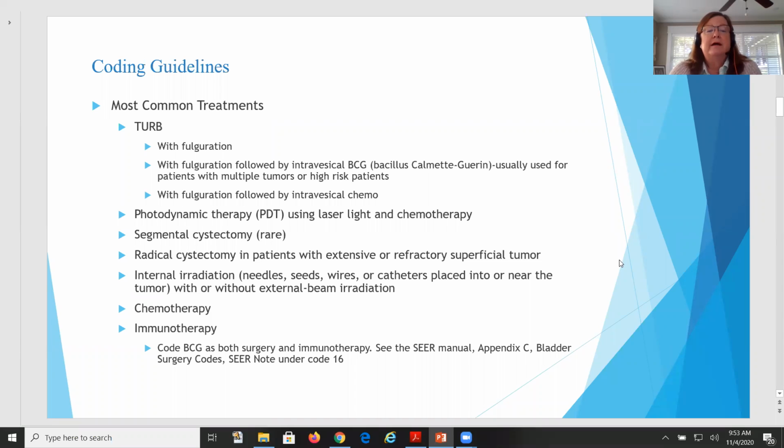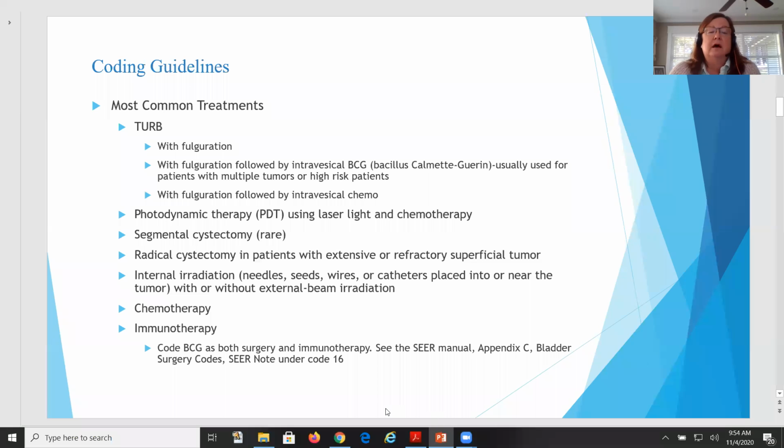We also have photodynamic therapy using laser light and chemotherapy, segmental cystectomy, which is less common, radical cystectomy in patients with extensive or refractory superficial tumor, internal irradiation with or without external beam irradiation, chemotherapy, and immunotherapy.